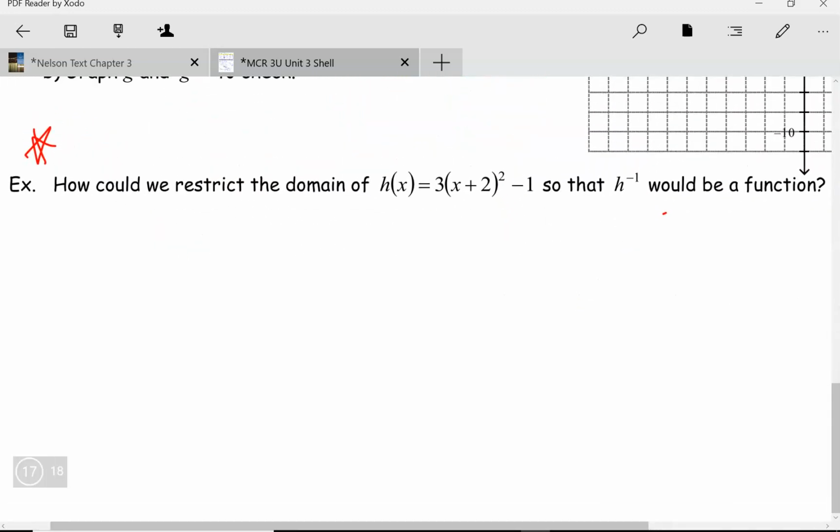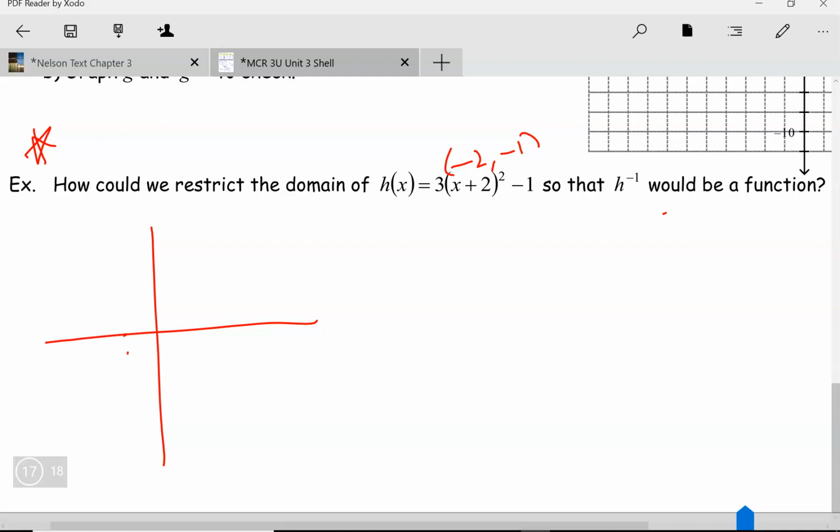So the idea here is, if we take a look at this graph, this vertex here is going to be (-2, -1). That's our vertex. And our parabola is going to look something like this.